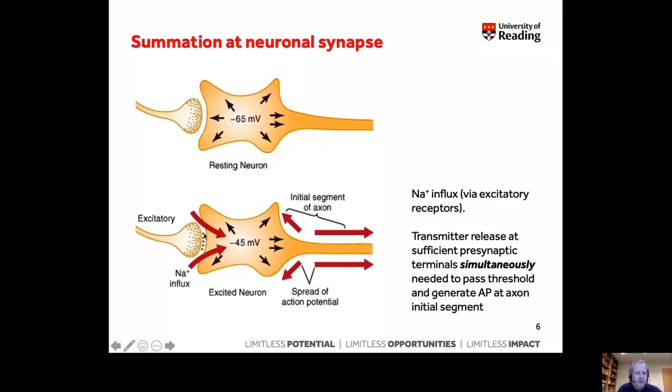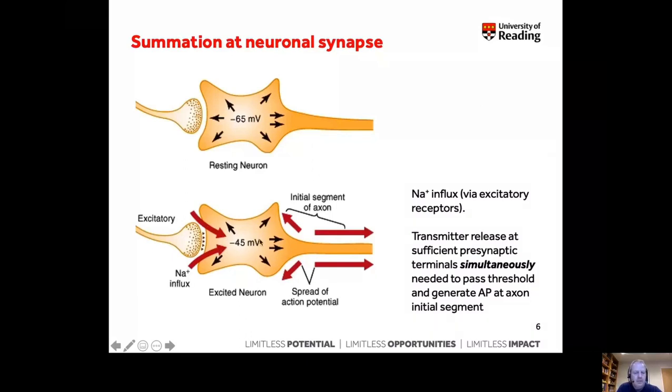This is our excitatory terminal coming in. These are vesicles of some excitatory transmitter, say acetylcholine, it could be glutamate. It's useful to call it acetylcholine here because when we open the receptor on the postsynaptic membrane, we get sodium influx, and we know that's true for acetylcholine.